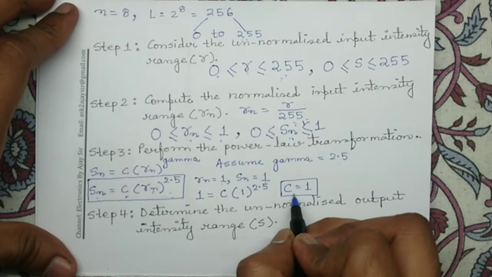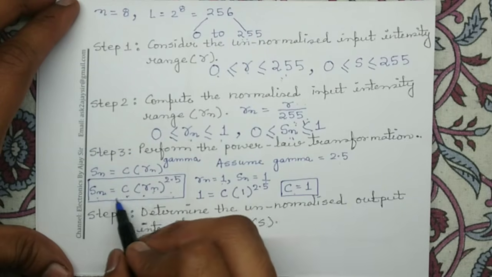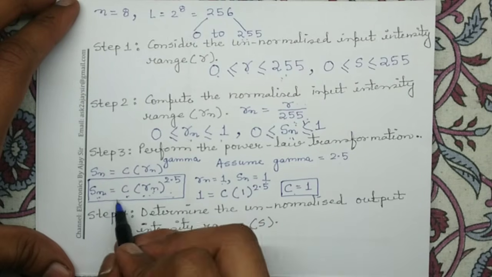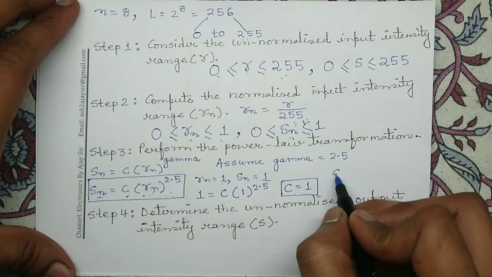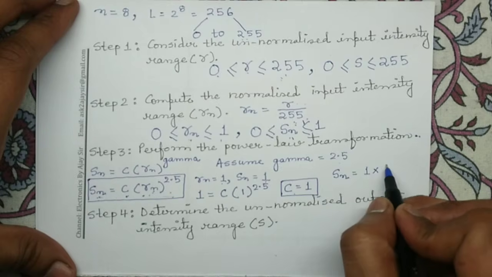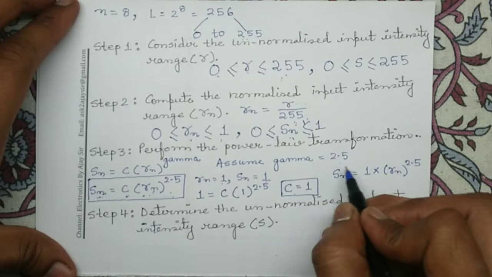Now substituting C equals 1 in this equation, we will determine the relationship between Sn and Rn. So in this equation, we will substitute the value C equals 1. The equation of Sn becomes Sn equals 1 into Rn to the power 2.5.